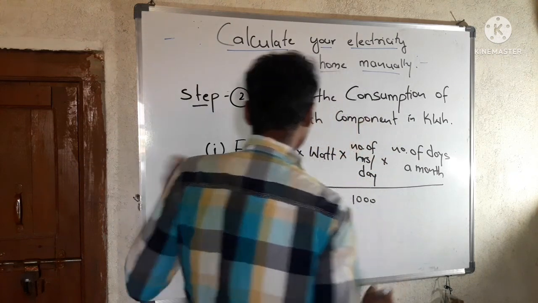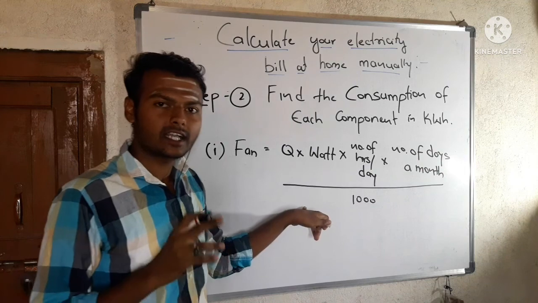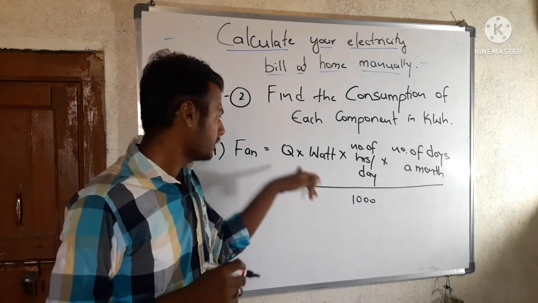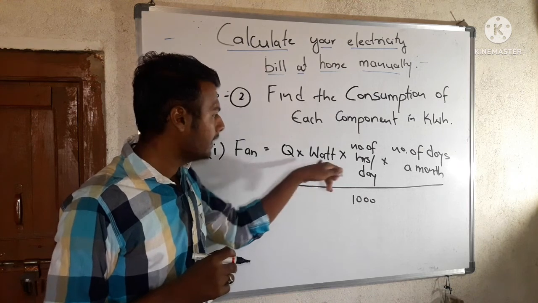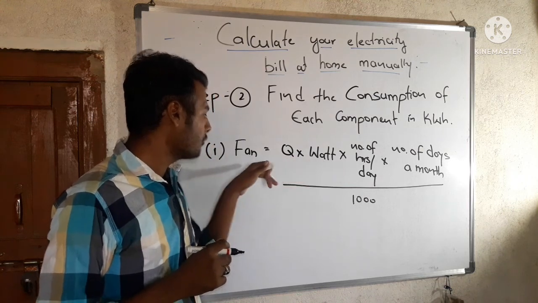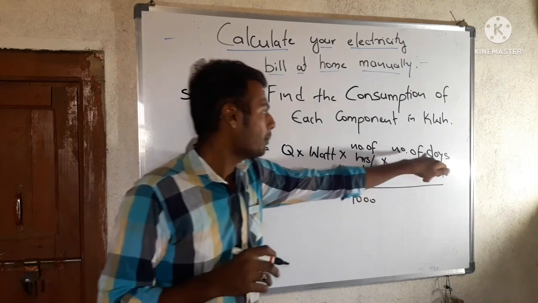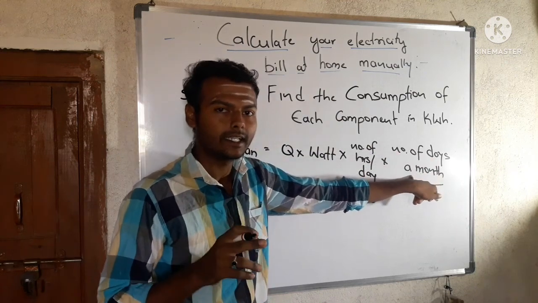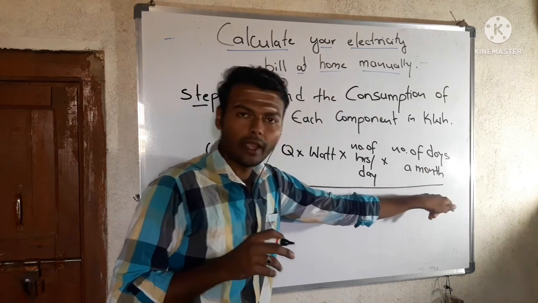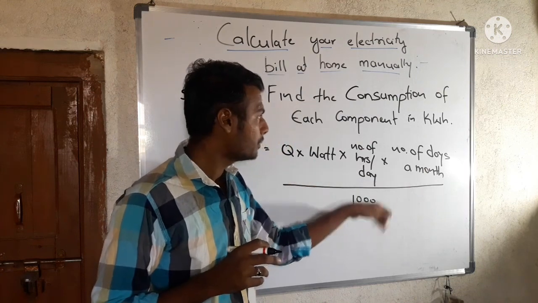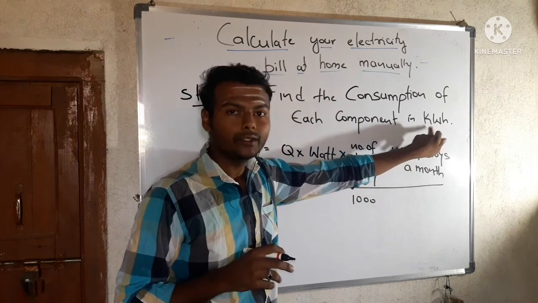To calculate the consumption of each component we have to use this formula. Here Q means quantity, wattage means the wattage of fan, into number of hours we use per day into number of days a month, that is 30, which is whole divided by 1000. Here we are dividing the whole by 1000 because we need to convert watt into kilowatt.